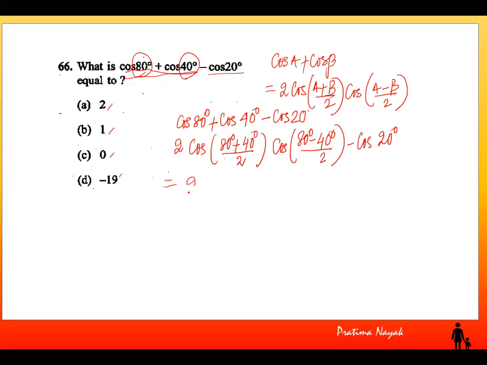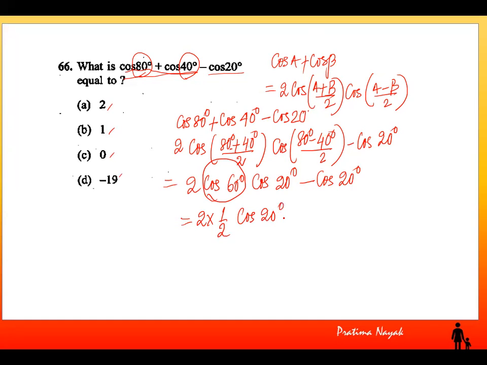So this will be 2 cos of 120 by 2, 60 degrees, and the second one will be 40 by 2, 20 degrees, minus cos 20 degrees. And what is the value of cos 60? It will be half. So 2 into half into cos 20 degrees. You can guess the answer now. Cos 20 degrees, so the half cancels. Cos 20 minus cos 20 is a big zero.